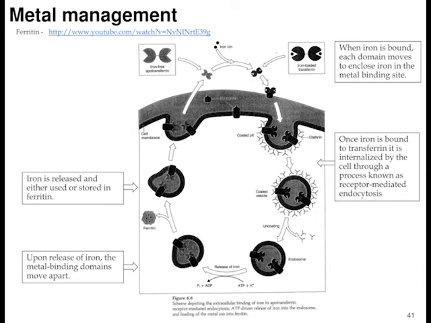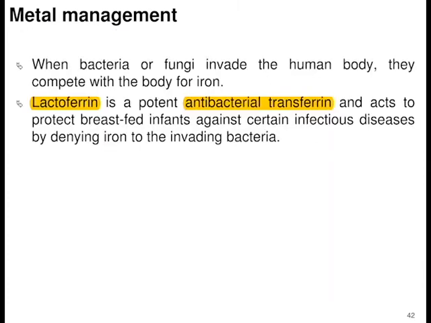Okay, now we have to talk about bacteria. When bacteria or fungi invade the human body, they compete with the body for iron. Once they're in the bloodstream, if the iron is not bound to transferrin, it will be converted to iron 3 oxide.